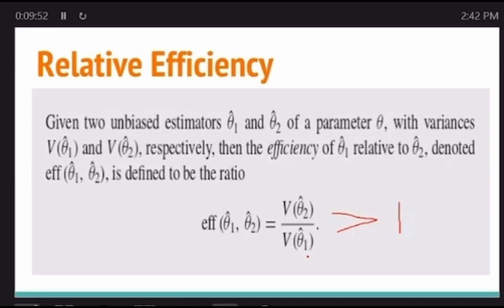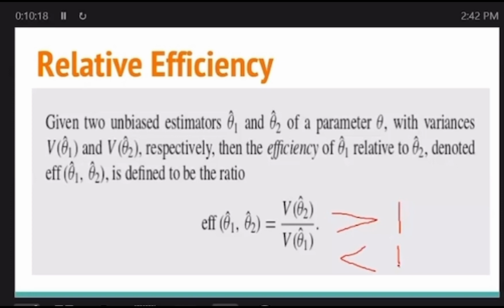Another condition I can have is less than one. When the ratio is less than one, of course, what you have in the denominator is bigger. When we're talking about efficiency, we are focusing on smaller variance. Any question before I move forward about the ratio?